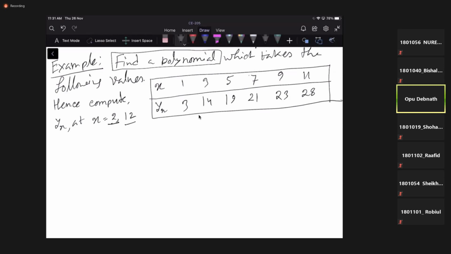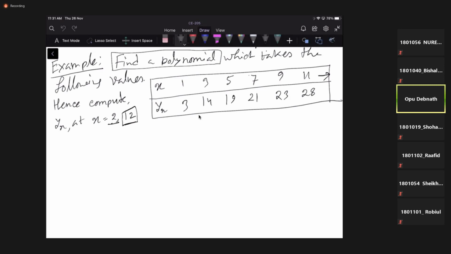Okay, two values. If x is equal to 12, that is actually beyond your data set. That means extrapolation is also part of interpolation. It is a specific type of interpolation when the prediction goes beyond your data set.